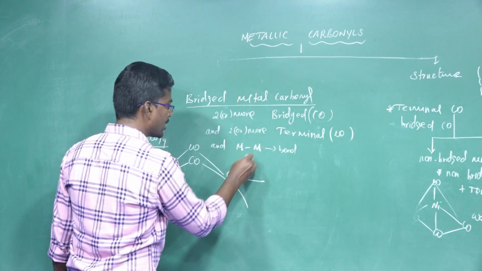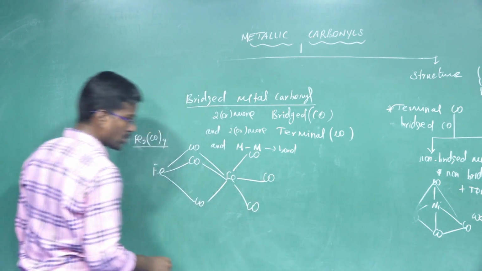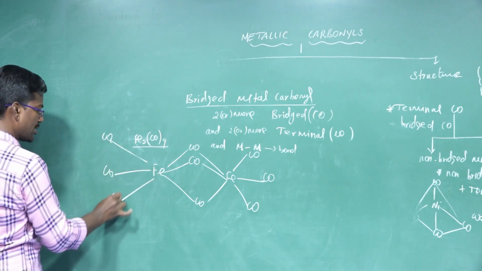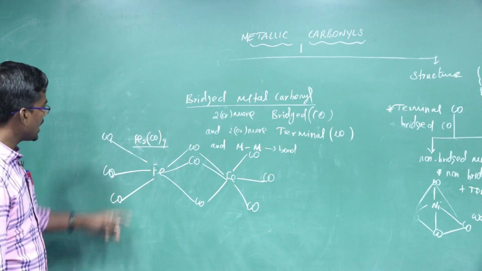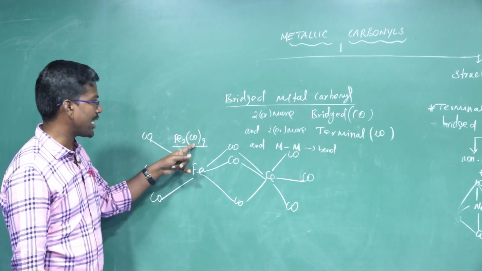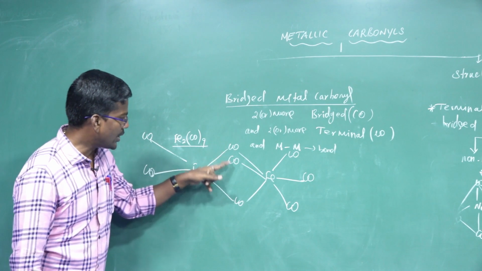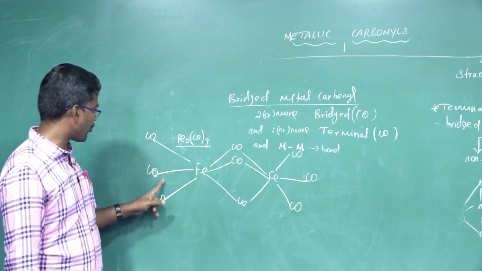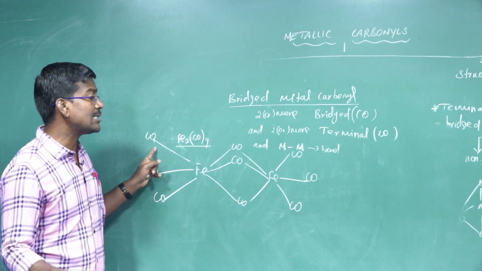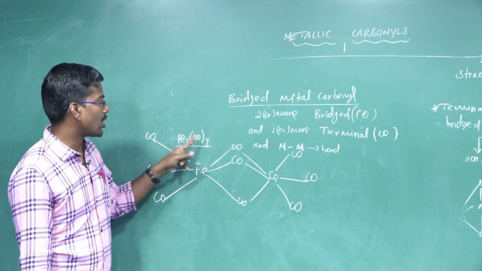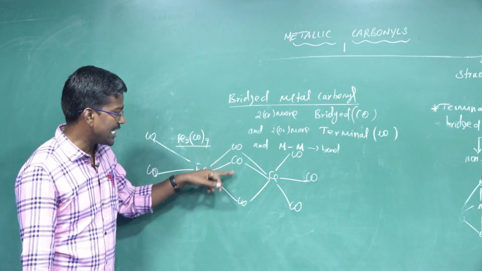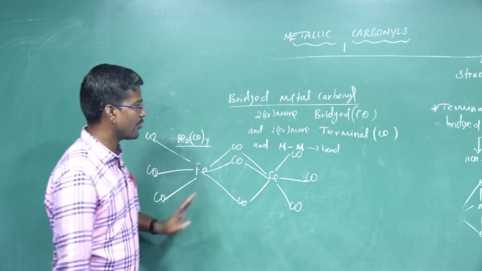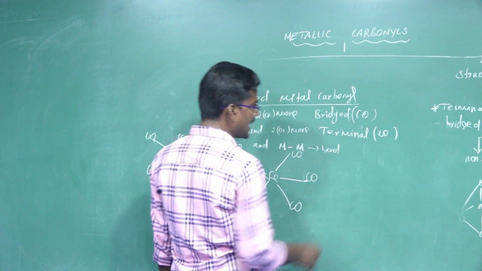So in the diiron carbonyl compound which contains 3 bridged carbonyl groups, there are 6 terminal carbonyl groups. It is one way. Another one, what?